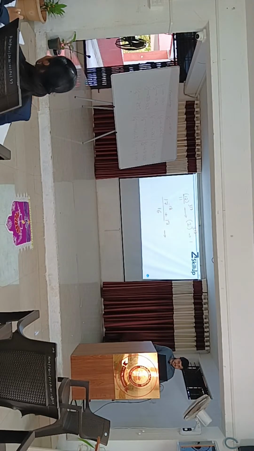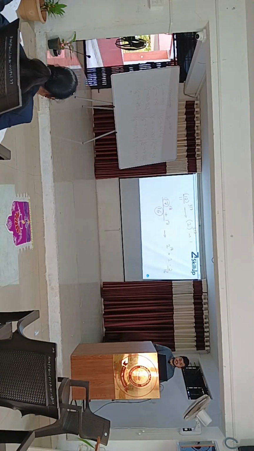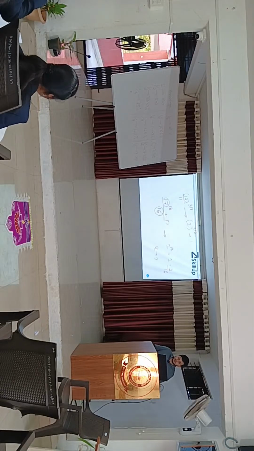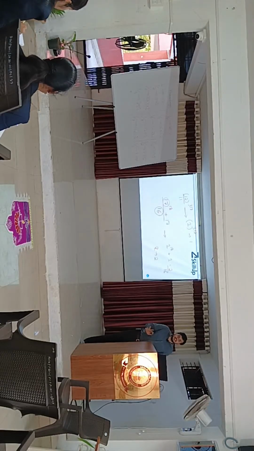If I divide 17 by 16, what is the original remainder? 1. 1 power 18 plus 1, that is 1 plus 1, 2 by 16. What is the remainder? 2. Are you understanding that point? Only focus is on the remainder, nothing else.